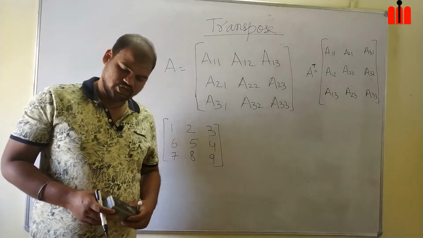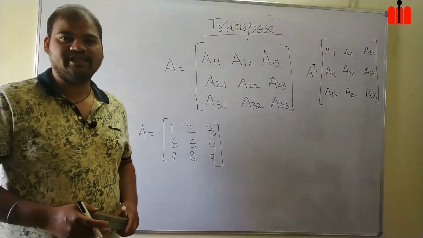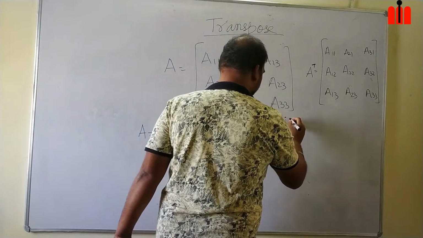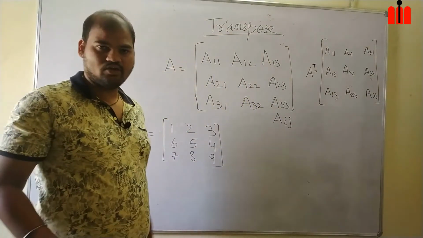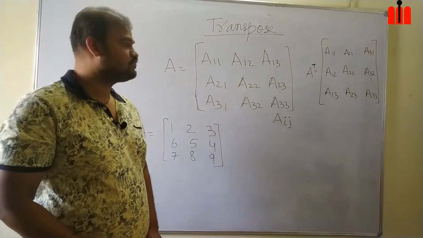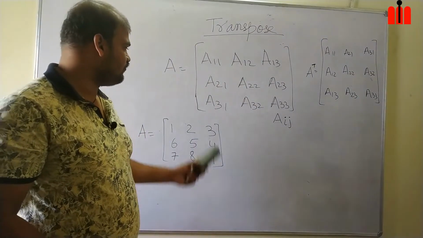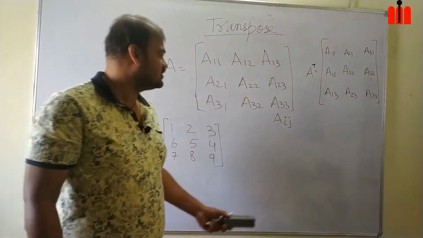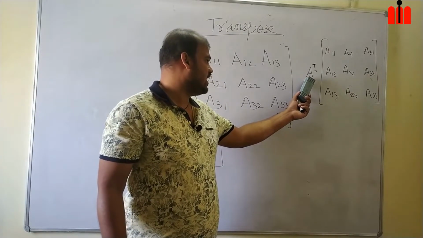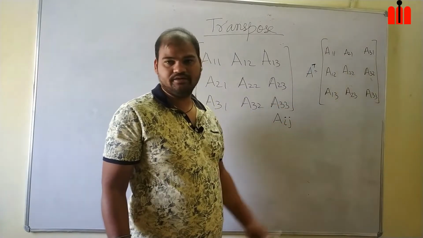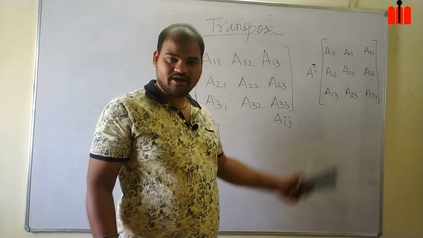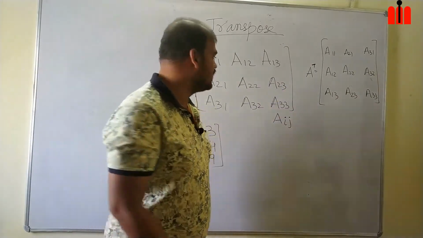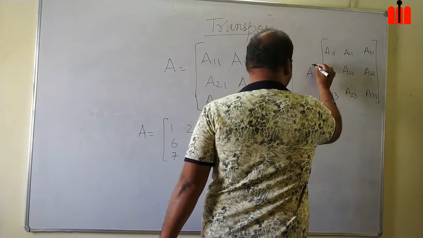Each element is represented in the form of Aij, where I is the row number and J is the column number. If I perform the transpose on this matrix, I will represent it with AT, like we had given a bar for conjugate in the earlier section.